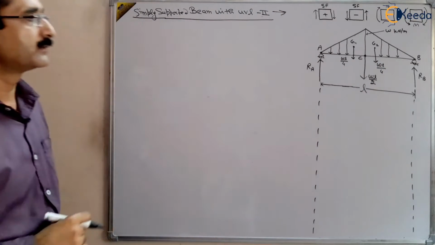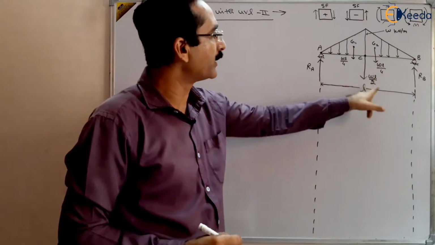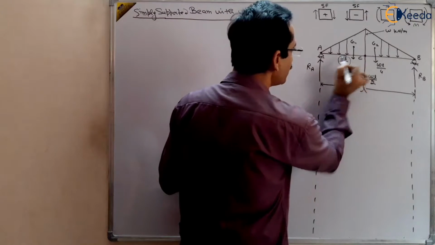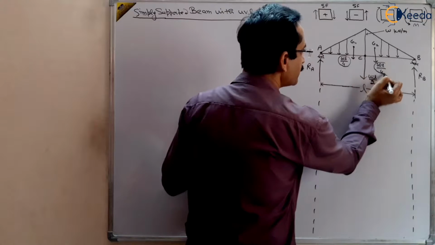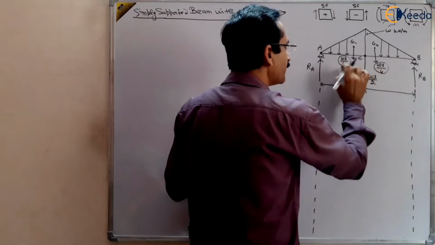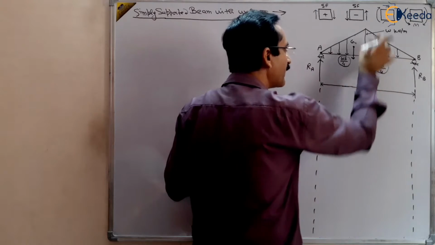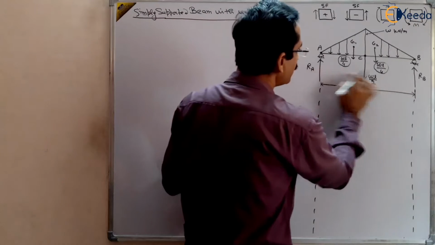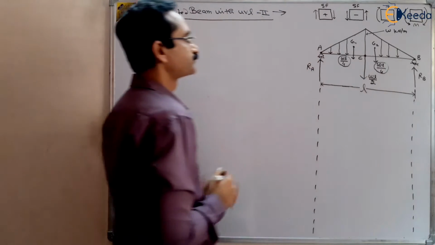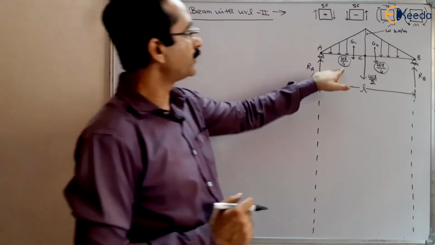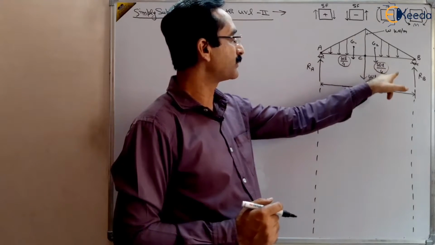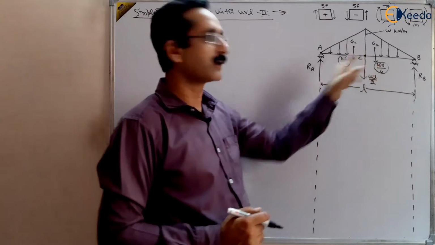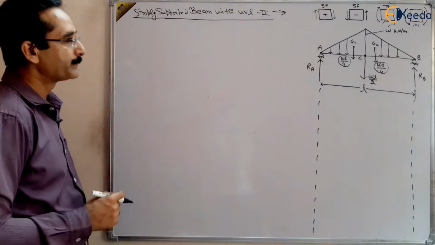So we omit these two forces and do not use them in our calculation, because we have replaced them with a single force acting at the center, at a distance L by 2 from point A. So no need to use WL by 4 and WL by 4; we replace them with a single load of WL by 2 at the center.